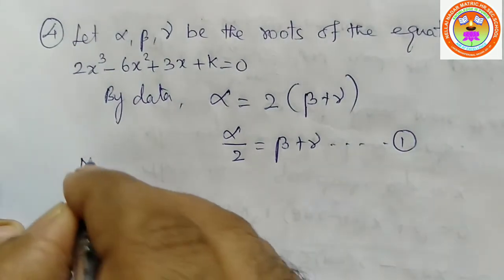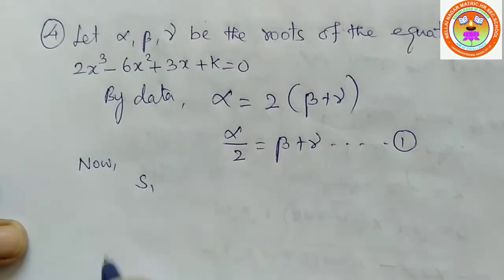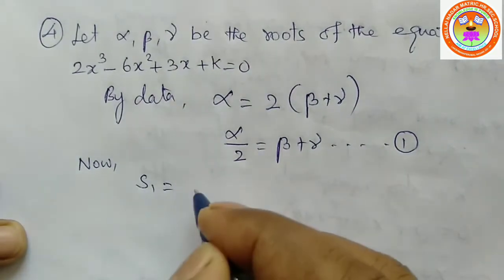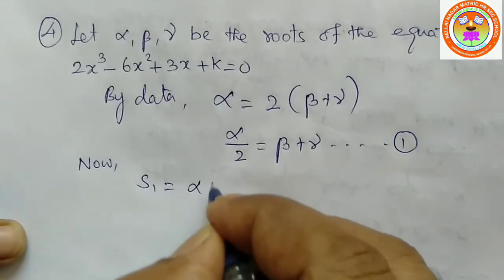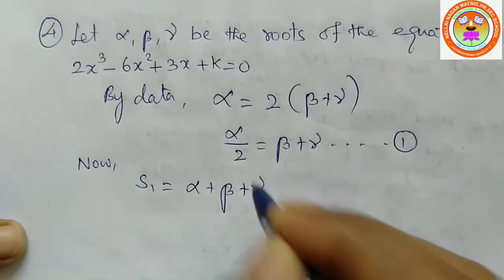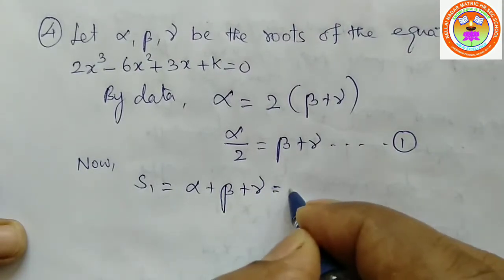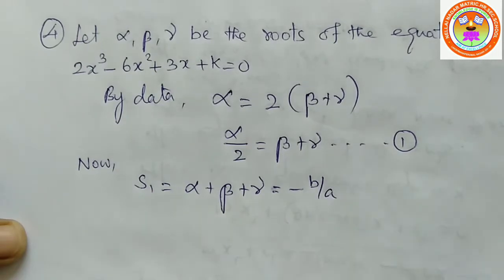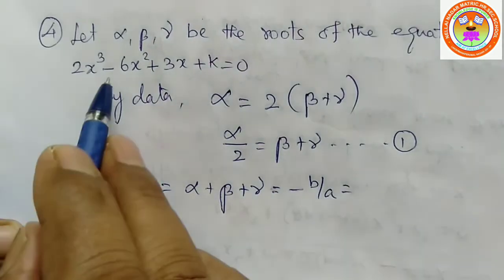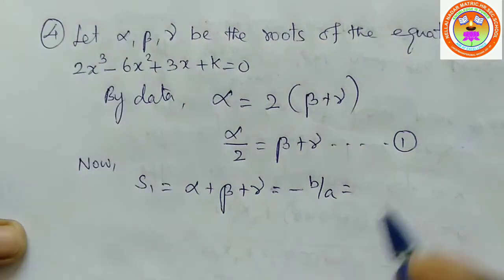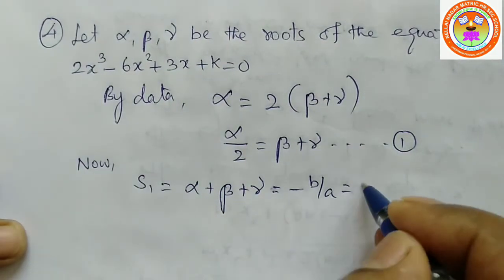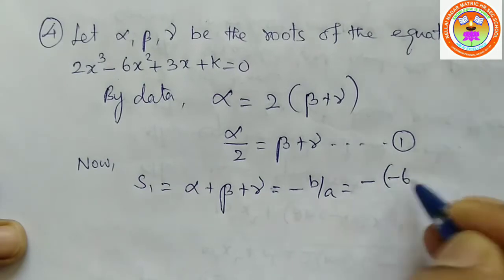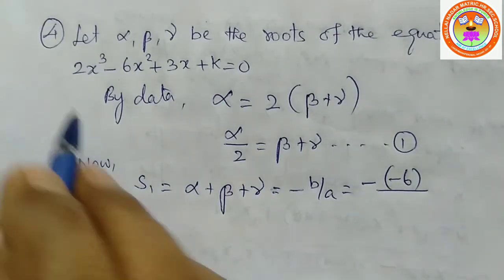Now, what is S1? S1 means the sum of the 3 roots, alpha plus beta plus gamma, which is equal to minus b by a. The value of b is minus 6, so minus of minus 6 divided by a, which is 2.